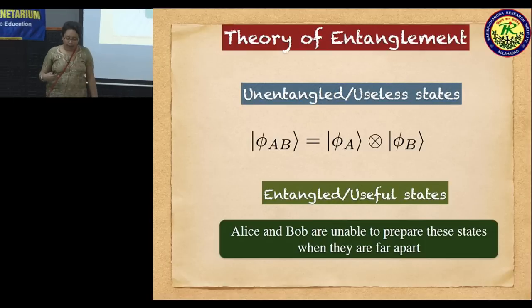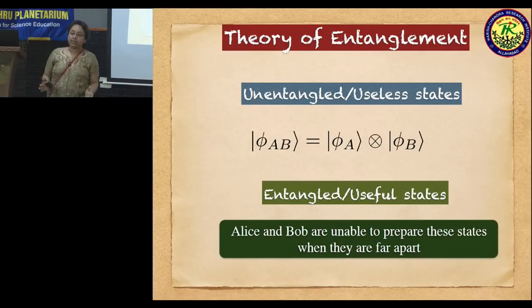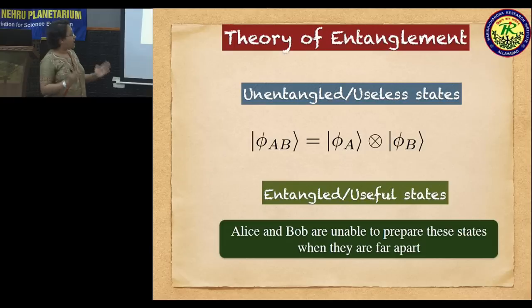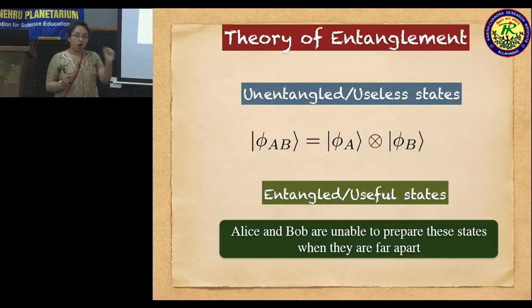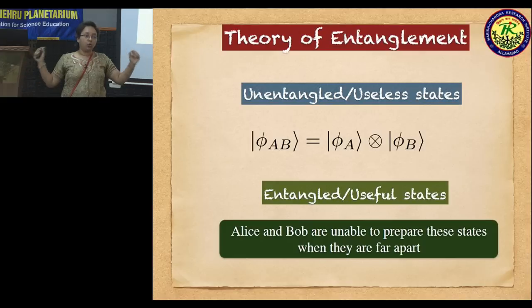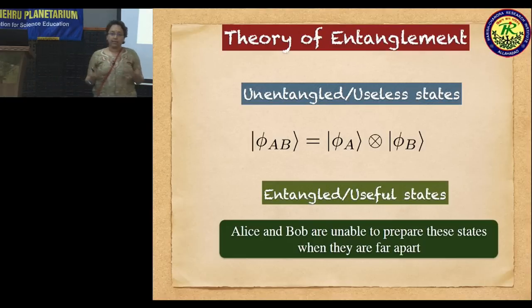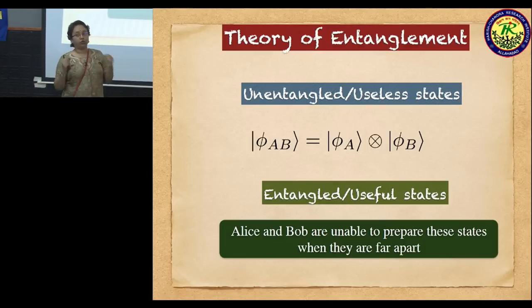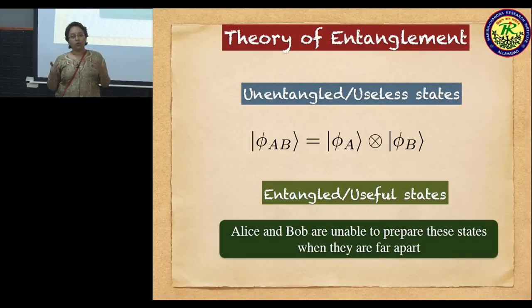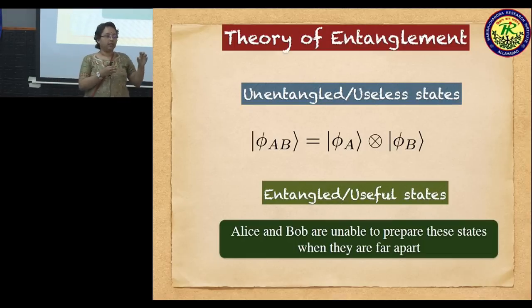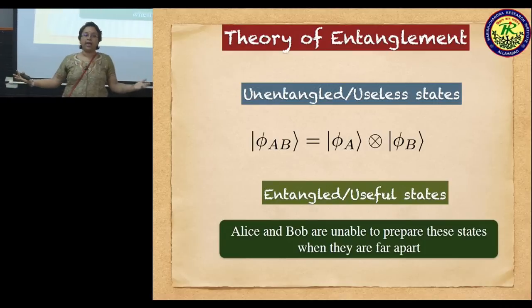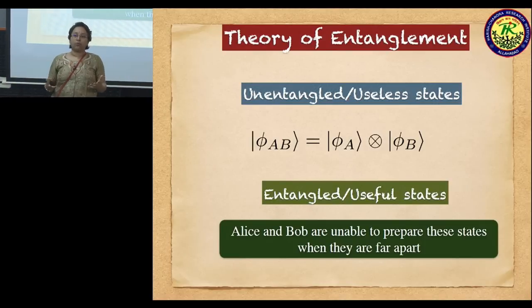Now, entangled states are those states that Alice and Bob will not be able to prepare when they are situated in 2 distant locations. To prepare entangled states, 2 particles should interact, and then only they can prepare these states. They cannot do certain things in their own laboratory, or do certain things independently and prepare this state. It is not possible.